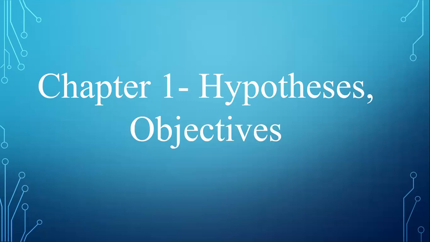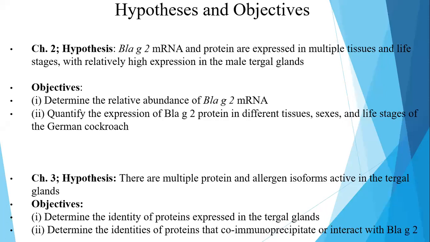So with that, I'd like to go into the hypotheses and objectives of my different manuscripts. So for chapter 2, my hypothesis was that Blot-2 mRNA and protein are expressed in multiple tissues and life stages with relatively high expression in the male Tergal glands. My objectives for this were to determine the relative abundance of Blot-2 mRNA and quantify the expression of Blot-2 protein in different tissues, sexes, and life stages of the German cockroach.